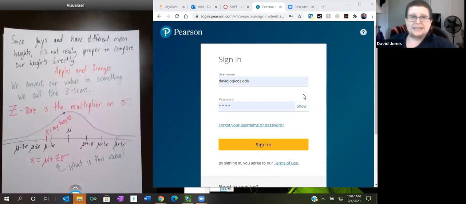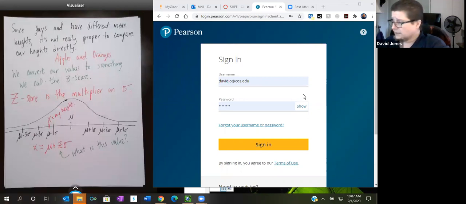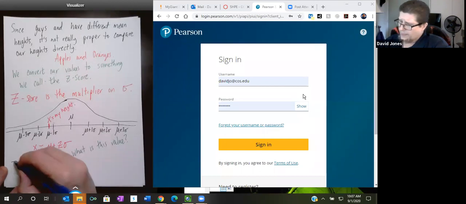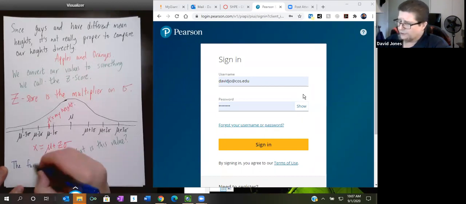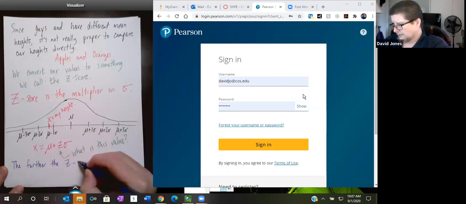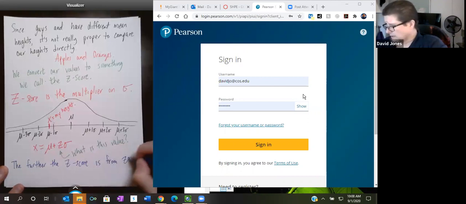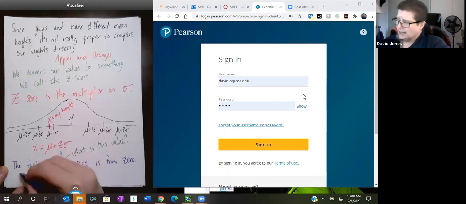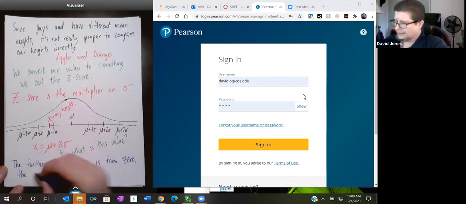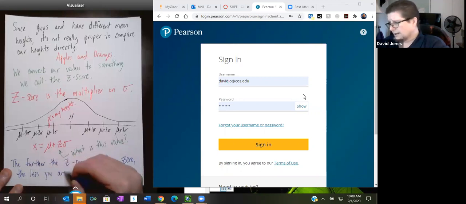And if we have z-scores, the logic is this: the further the z-score is from 0, the less you are like the average.